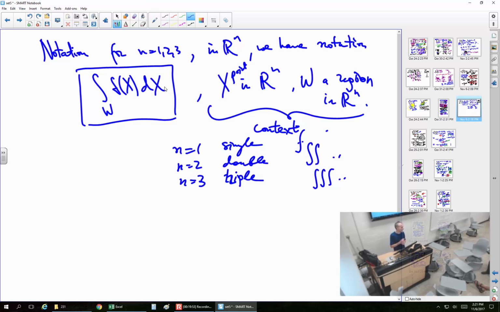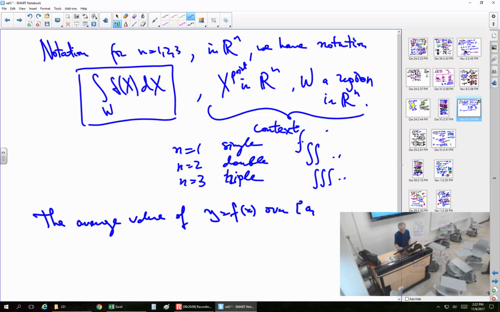You can easily have a function of all kinds of variables, and what is the meaning of its average? If you remember from calculus 1, the average value of y equals f of x over the interval [a, b] is what?